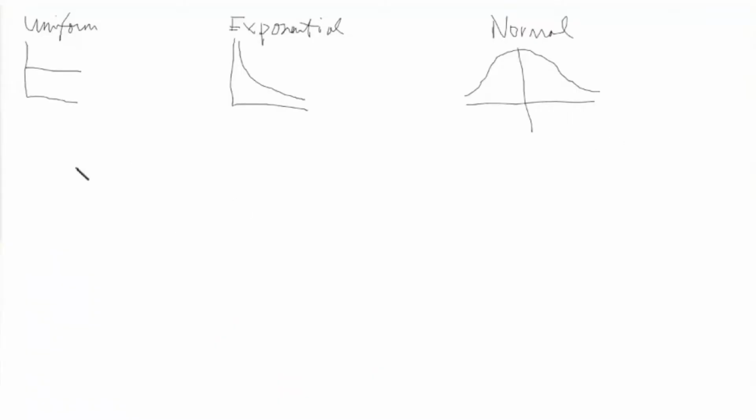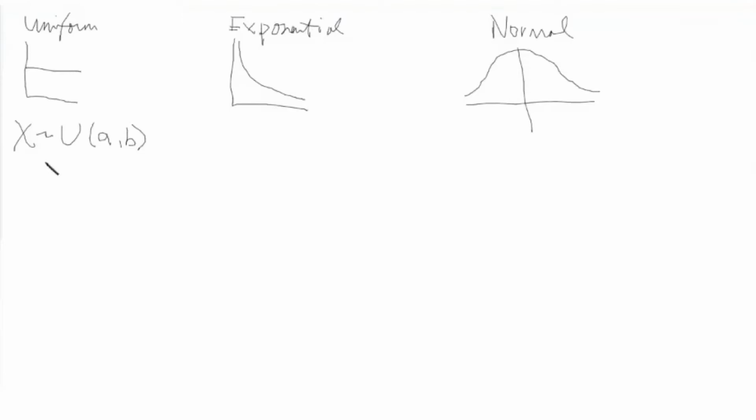Okay, so let's go ahead and look at the uniform distribution. The notation for uniform distribution is going to be the random variable x, the squiggly line U, and then it's going to give you the starting and ending point of a and b.